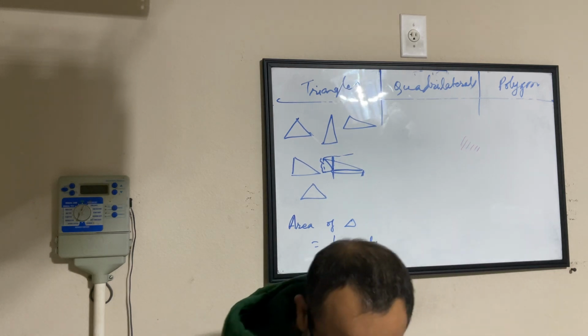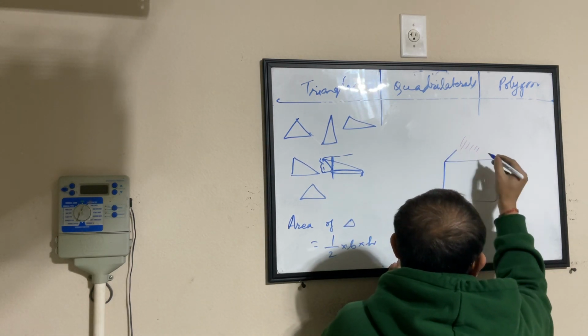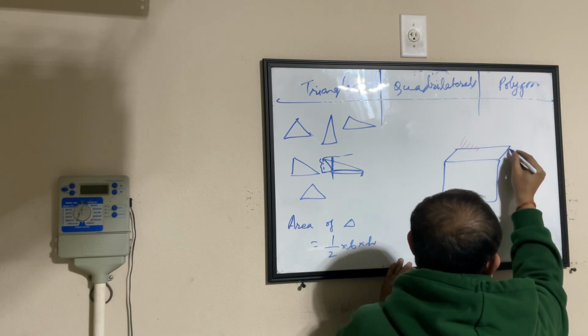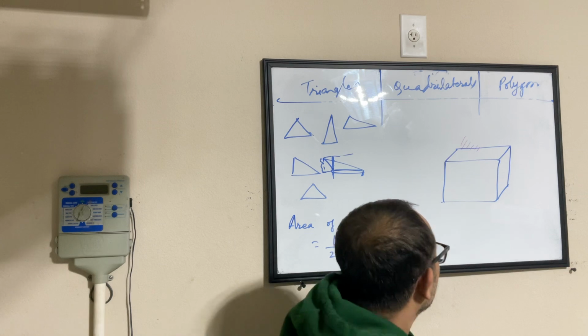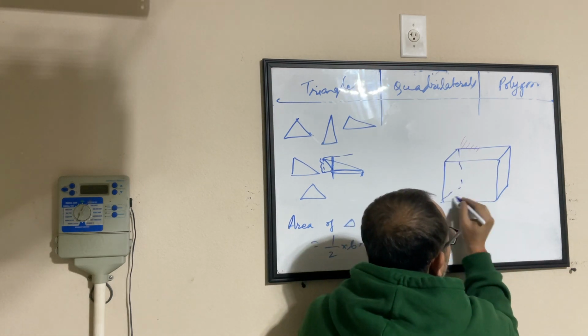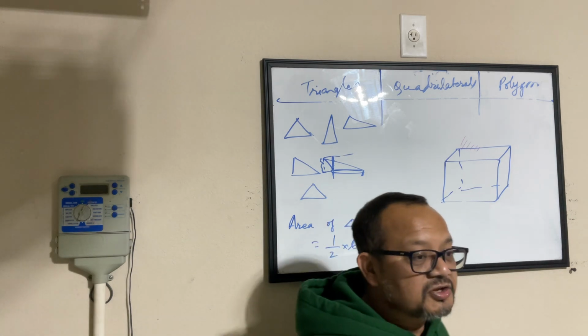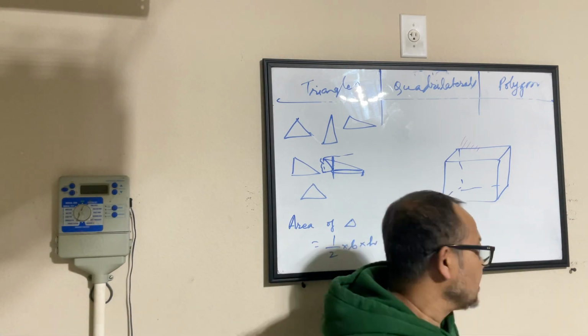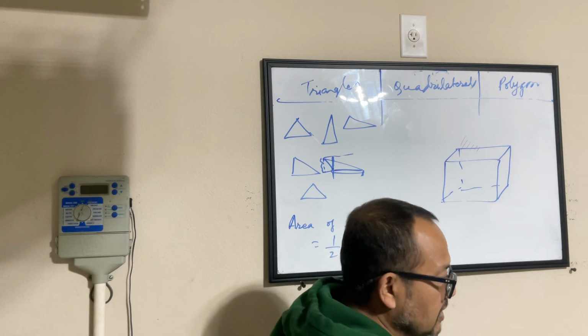Now, here I have a rectangle. I added a third dimension. This might look like a matchbox, if you know what it is. Ice cube or loaf of bread. So there is a third dimension. This is called a cuboid. A 3D shape is just a bunch of 2D.